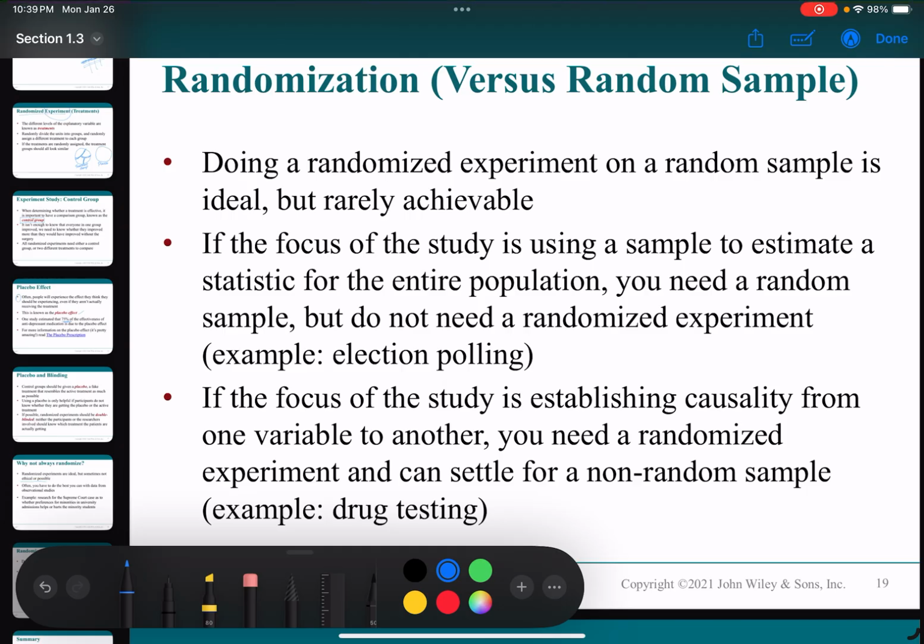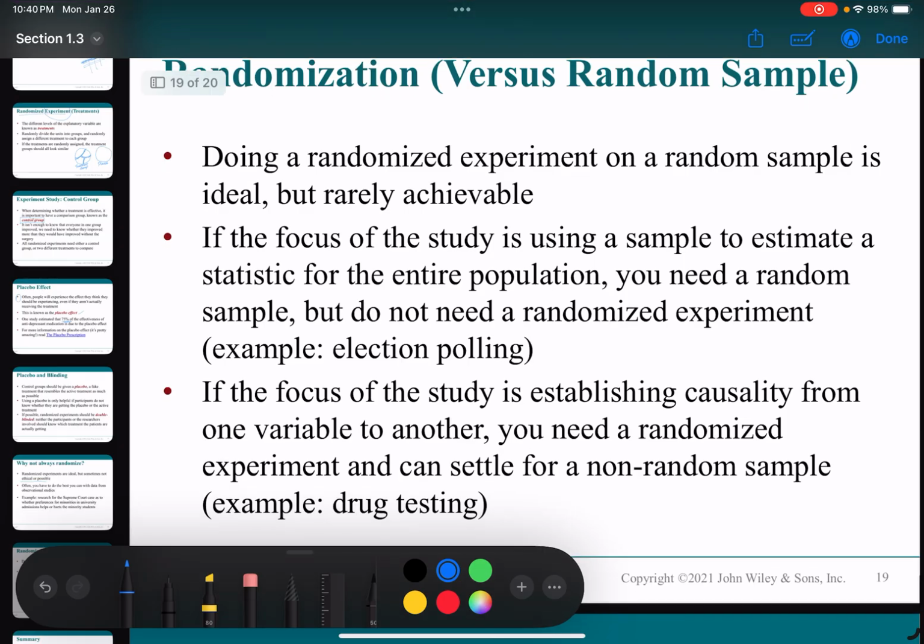Doing a randomized experiment on a random sample is ideal, but it is really hard. So again, we select a random sample and then randomize the experiment on top of that sample. So there are a few layers of randomization in that particular experiment. It is really good if we can do it, but most of the time it is hard.